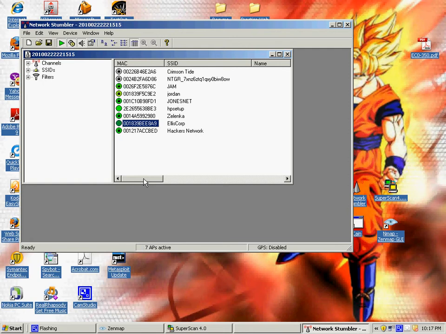As you can see, we also have the MAC address of that router coming off from Elliscore by using Network Stumbler. Alright, what I'm going to do is go ahead and connect to the network. All I do is go to the Windows wireless configuration.